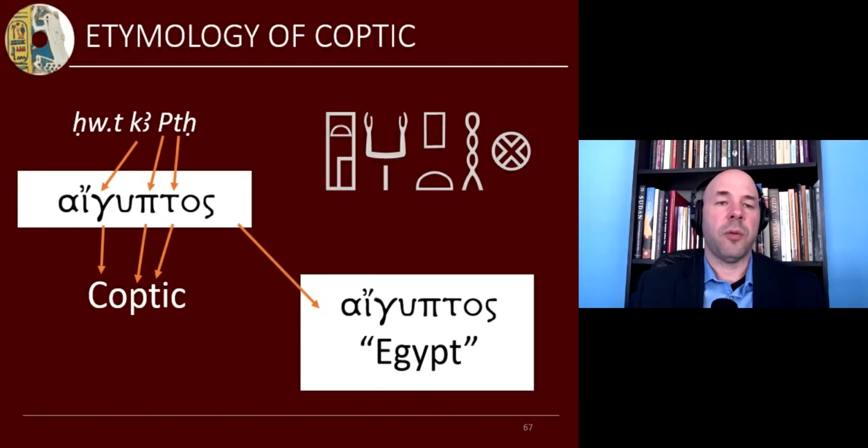And you can see how the consonantal structure of that has been passed over the centuries. So you can see the K in the original Egyptian name goes to the G in the Greek, and now to our modern C in Coptic, the P from Ptah, the T from Ptah, also P and T in Egypt, and also the P and T in Coptic. So these are actually all related to a name for Egypt.